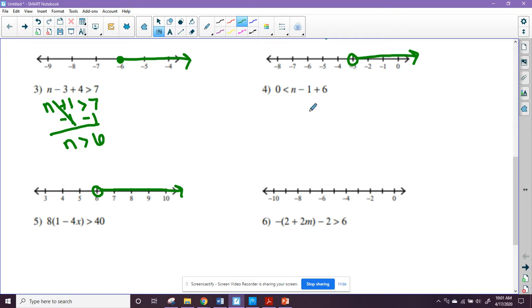Okay, number 4. There's no parentheses, so combine your like terms. -1 plus 5 plus 6 gives us positive 5. Rewrite everything else as it is. So now we need n by itself. So we're going to subtract 5 from both sides. Get rid of that loose number. So n, rewrite everything else, and then -5. Here we need to remember that order matters.